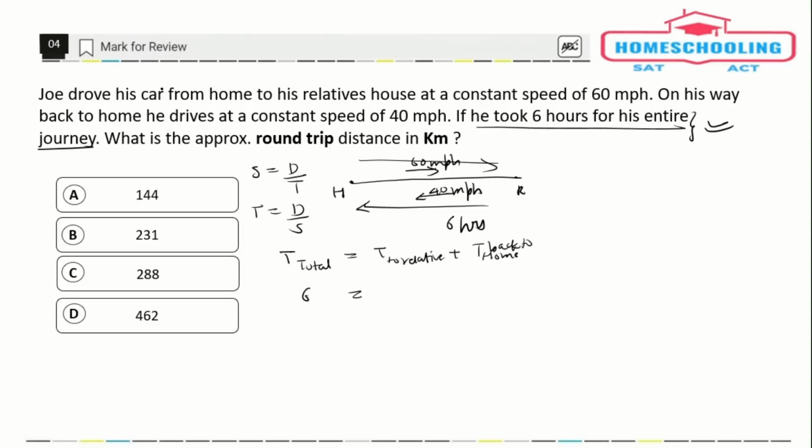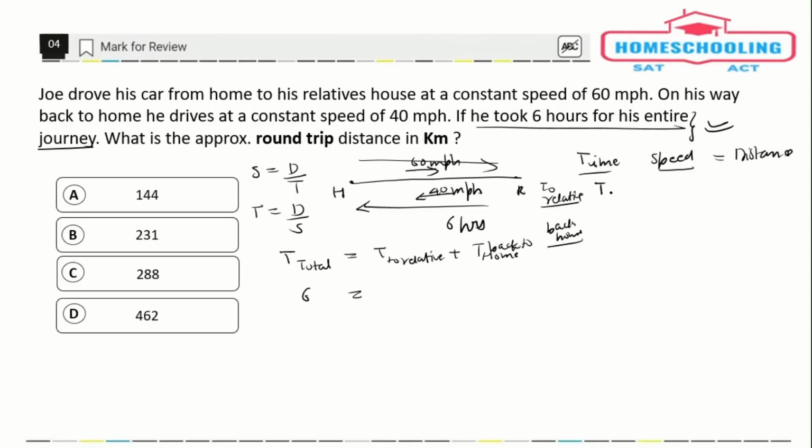As we already know, speed is equal to distance upon time. So time can be written as distance upon speed. Now let's write down all the data here, so that you can grab the concept. Let's say this is your time, this is your speed, and this is your distance. We can write it for going to the relative's house and back home.